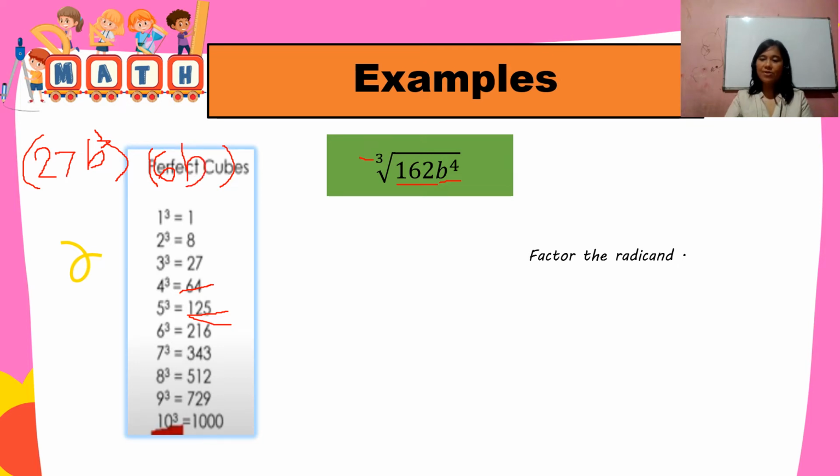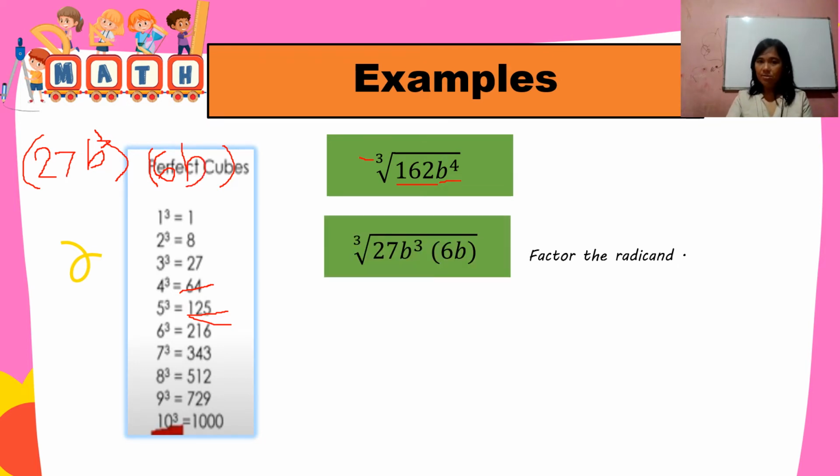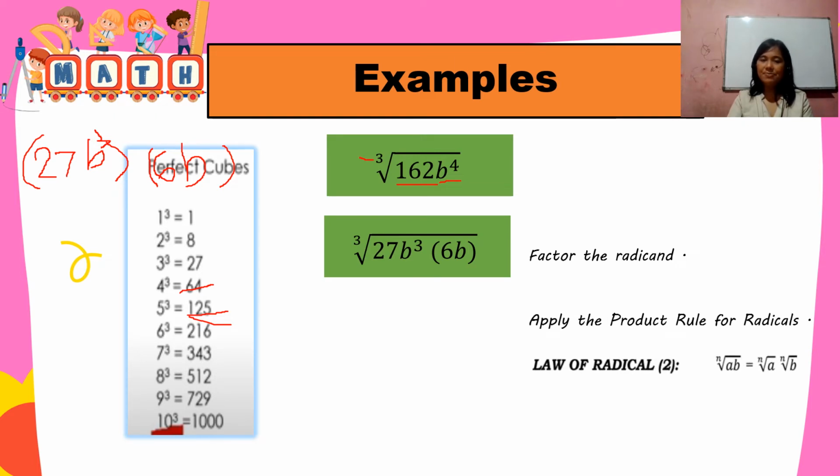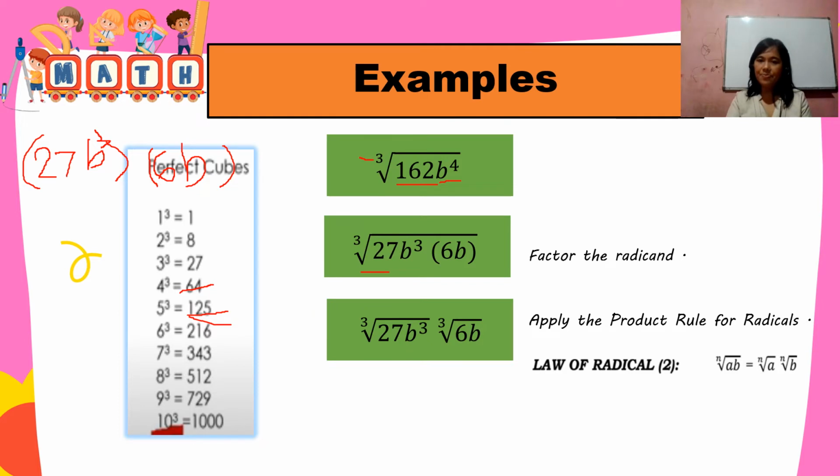So, yung factors mo are cube root of 27b cube and then 6b. Ngayon, apply mo na yung laws ng radical. Okay, product rule. So, dito ka. Ito muna. Separate mo. Okay.